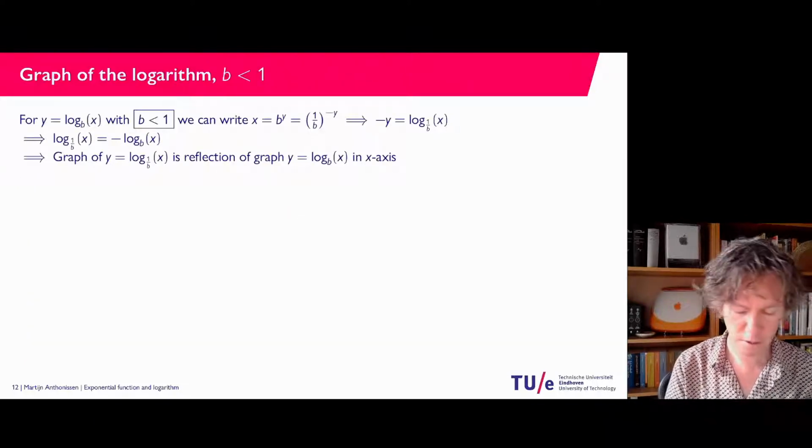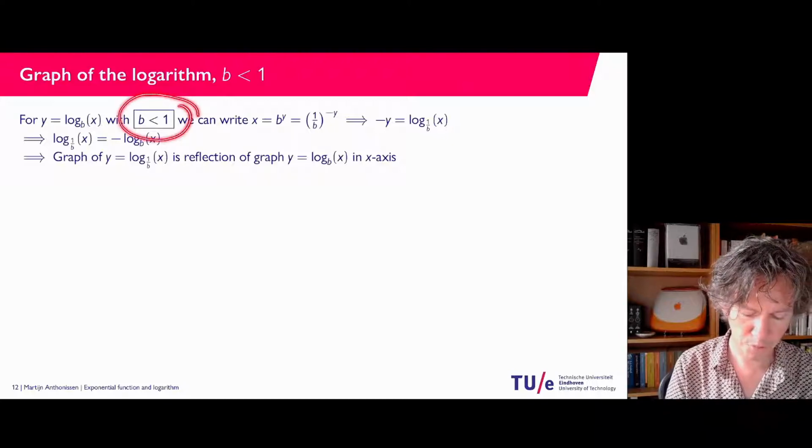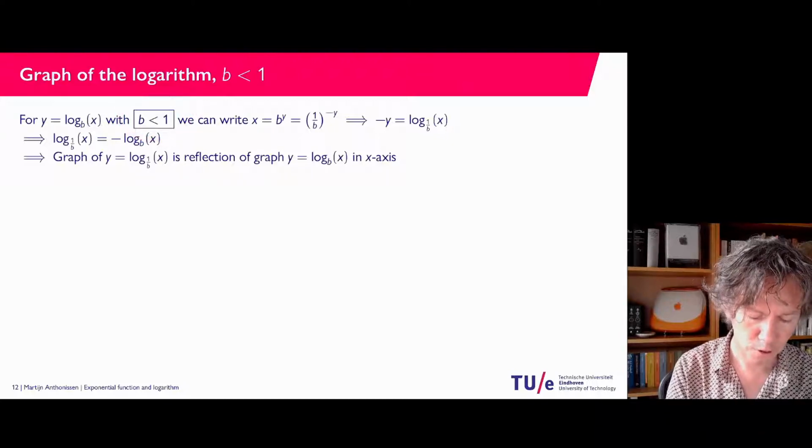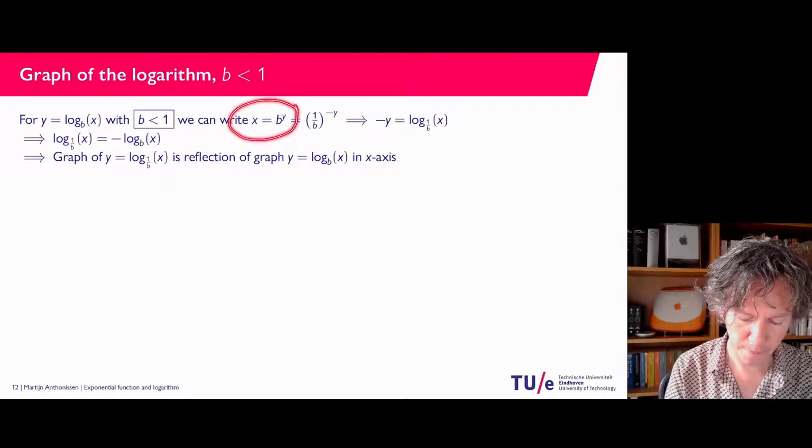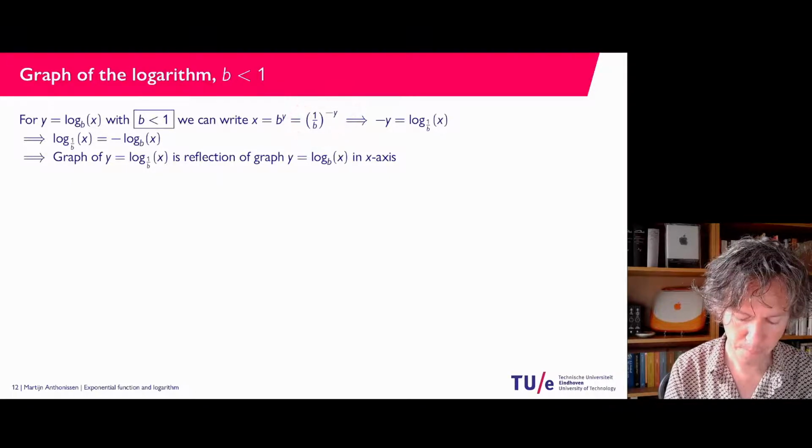If you take b less than 1, then you can rewrite it. So I've done that here. What you do is you say x is b to the power y. That is the same as 1 over b to the power minus y. So what you see is that minus y is log base 1 over b of x.